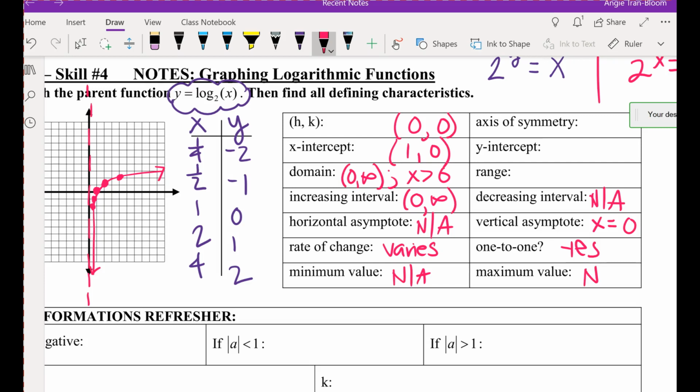Let's fill out the axes of symmetry. Do we have any? Nope. Y-intercept? No, because we already have an asymptote on the y, so none. What's the range? All reals. Perfect.